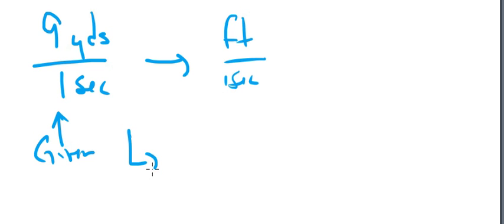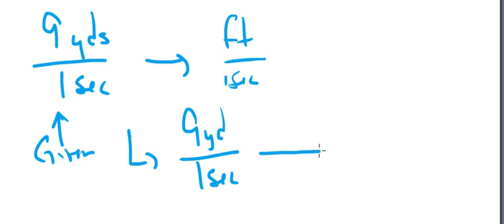So here's how I do that. I start with what I know, 9 yards per 1 second. And I got to use a unit multiplier. I already have my seconds, right? So I don't have to do anything with this. But I got to take a unit multiplier and get rid of this yard somehow. So how can I do that? I know I have to put yards in the denominator, and I can put feet up here.